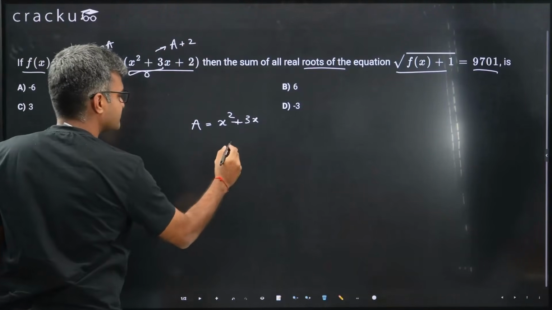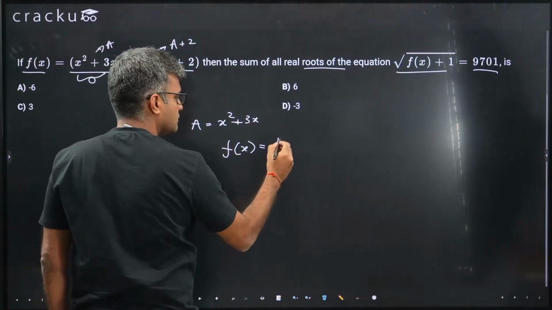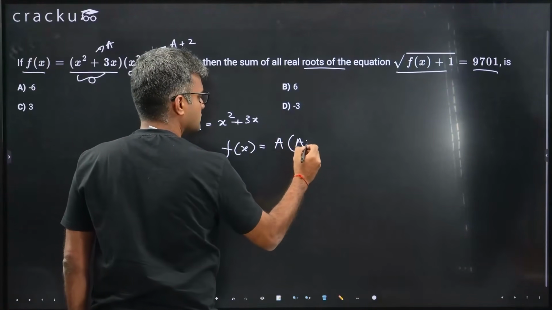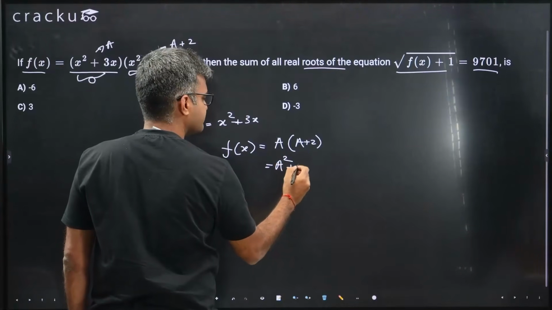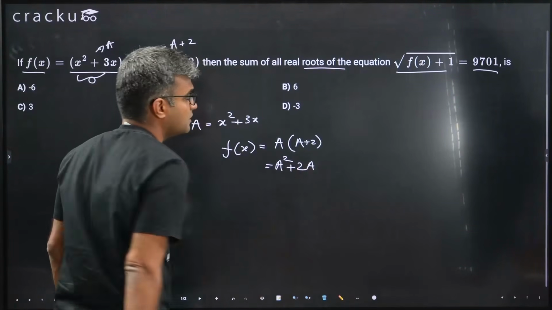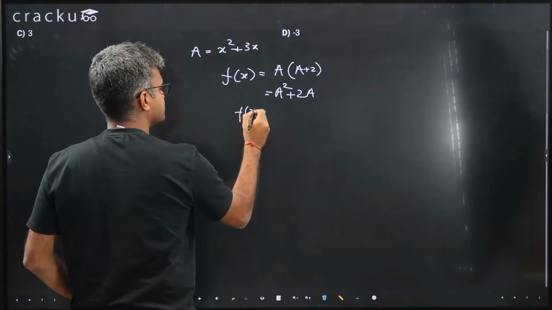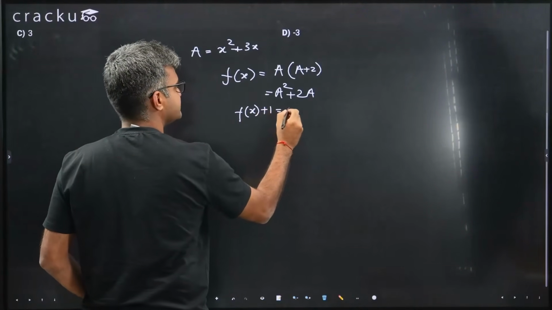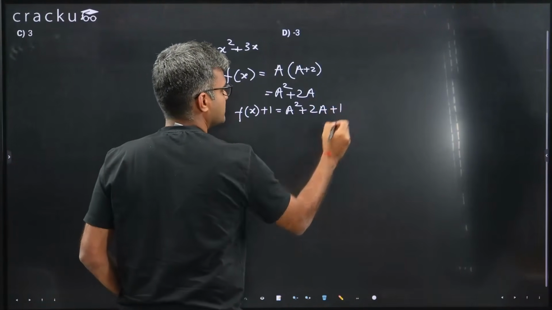So what is the value of f of x? F of x is simply equal to a into a plus 2, which is equal to a square plus 2a. Now what is f of x plus 1? F of x plus 1 is equal to a square plus 2a plus 1.